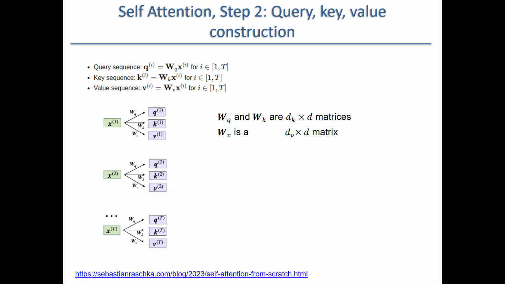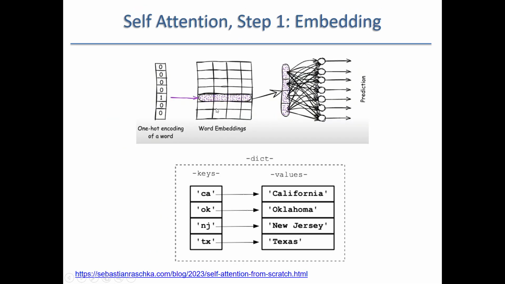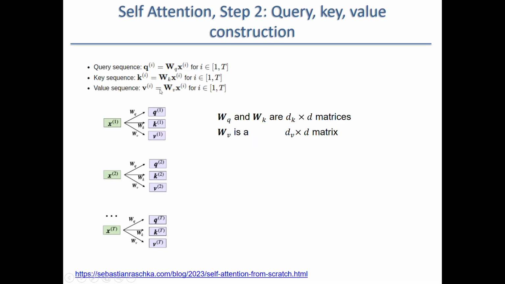For each one of these words that are coming from these embeddings, we will construct three other vectors that are called the query, the key, and the value. From this embedding, we will construct a query, and the query is constructed by simply multiplying by a matrix.